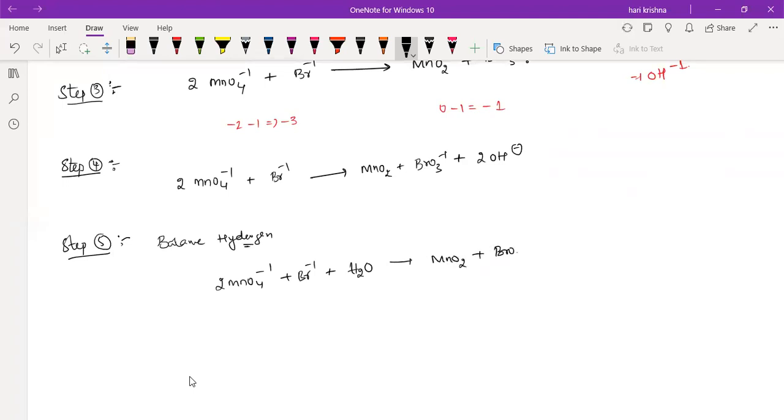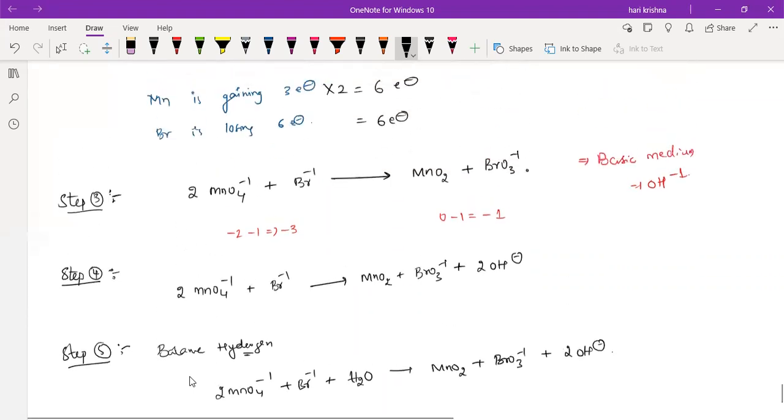Now check whether the complete equation is balanced or not. The number of oxygen atoms, number of manganese atoms. But one mistake you have made from the start. What is that? Can you tell me?